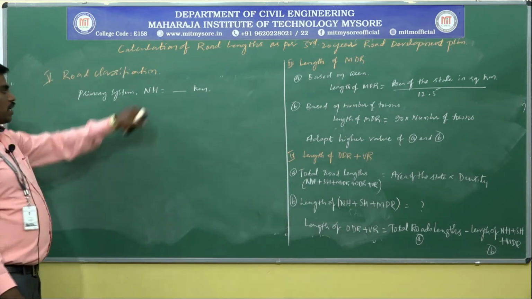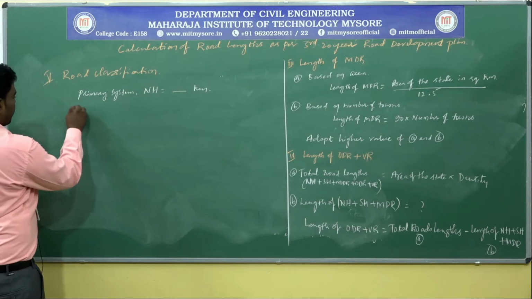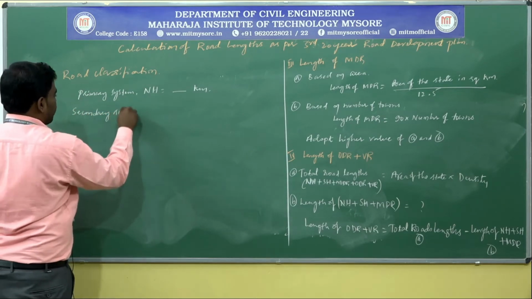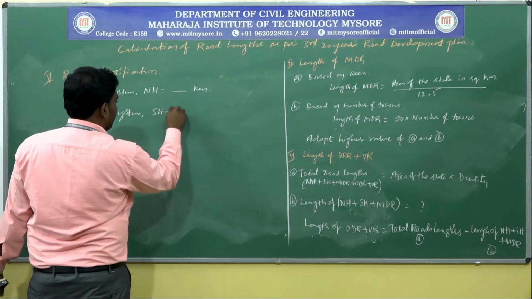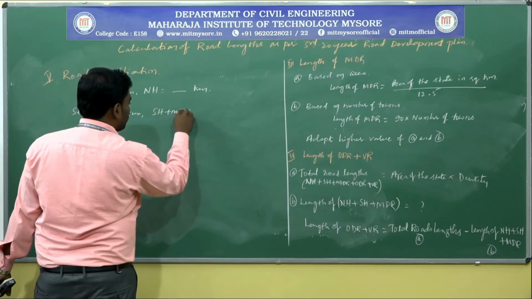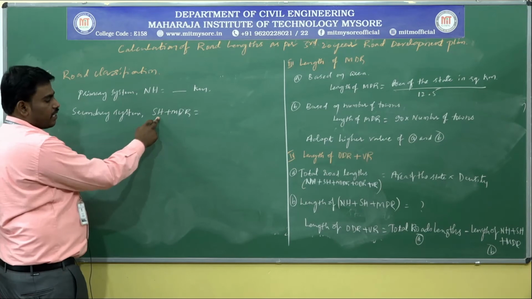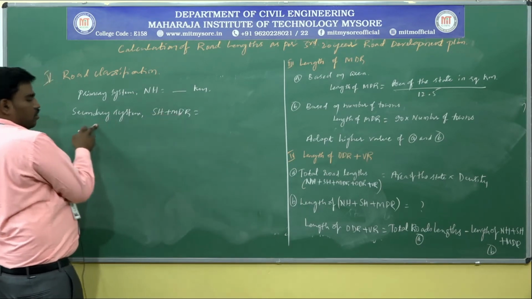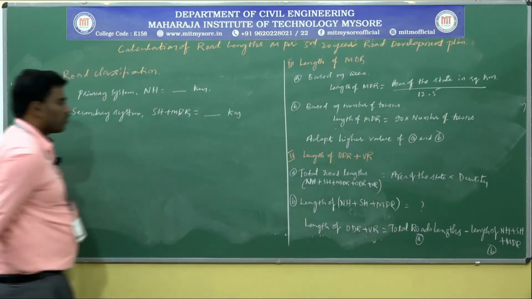So the step number 1 result, the NH, you have to mention here as primary system. And next one is secondary system. So it includes SH plus MDR. In step number 2 we use SH length, in step number 3 we use MDR length, summation of that will give the secondary system, dash kilometer.